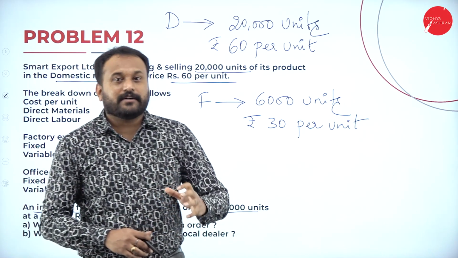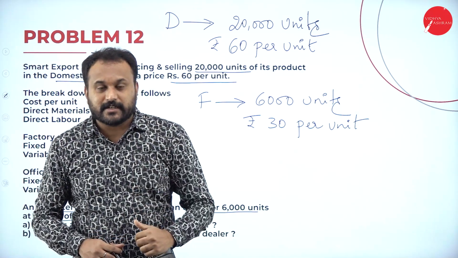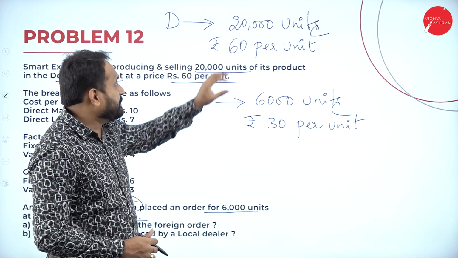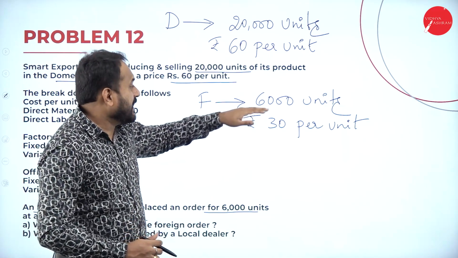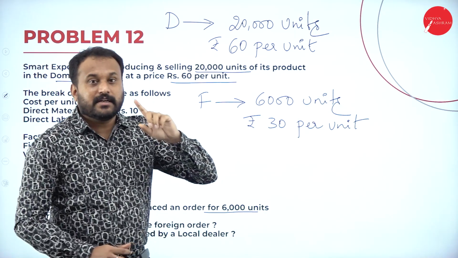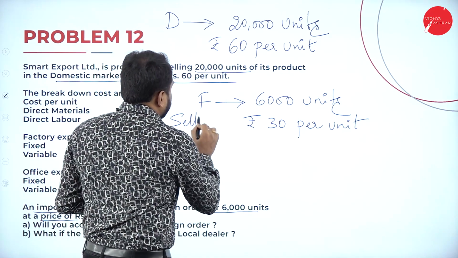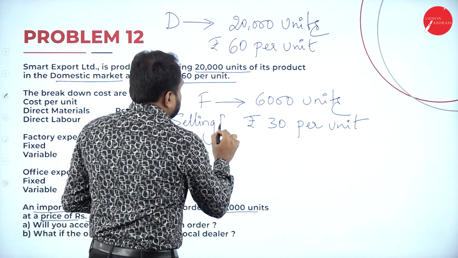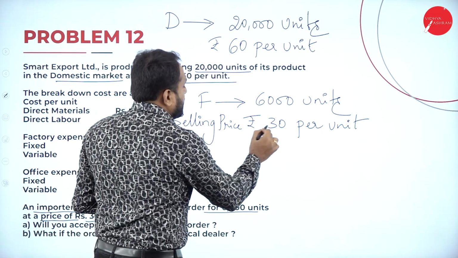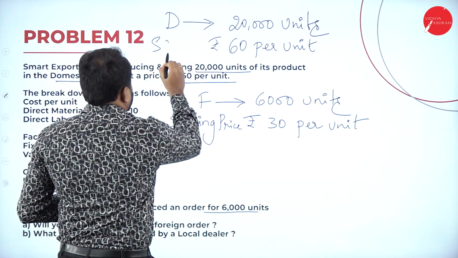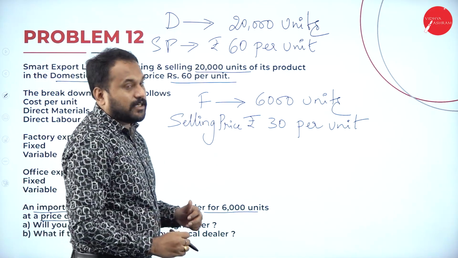Now I got a call from a foreign order, that is Australia. From Australia, I got a dealer who says that he needs my product and he needs only 6,000 units, but the selling price, understand? The selling price is 30 per unit.